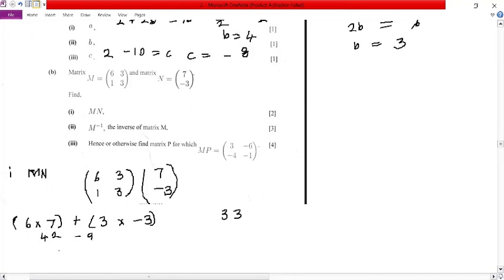For the second value, again, we say row, which is 1, 3, and column 7, minus 3. So we say 1 times 7 plus 3 times minus 3. So 7 minus 9 is minus 2. So after multiplying MN, this is the matrix that we get.